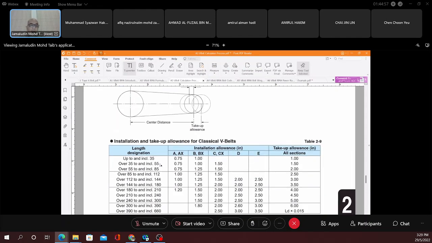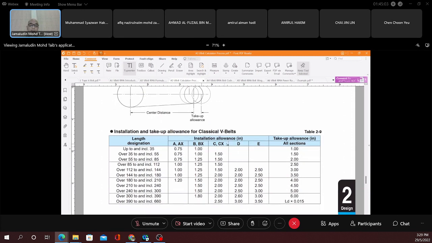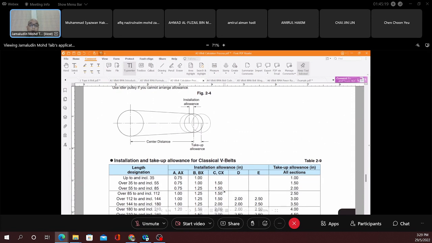What is the length here? The installation allowance, take up allowance, is based on the C type. Up to 95, 85 include 112, that means C-type 1.5. That will be the installation allowance, 1.5 inch.